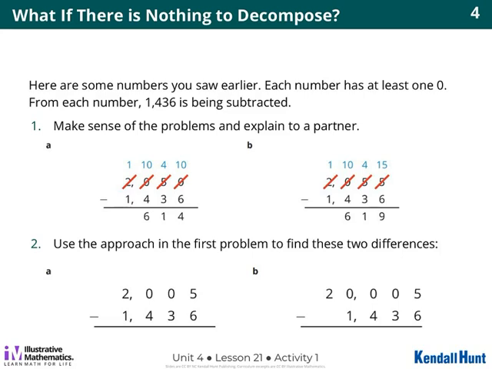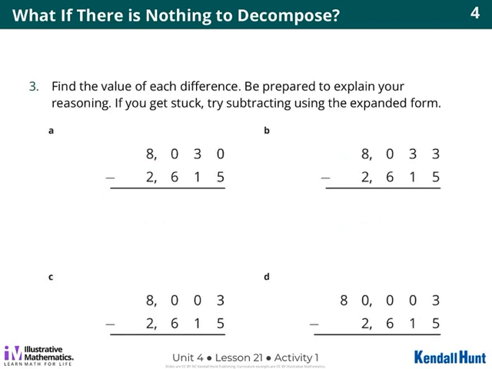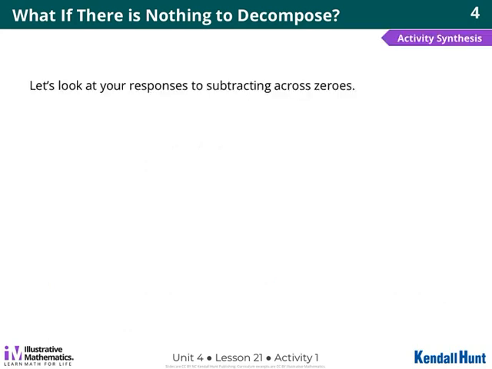Number 2 says use the approach in the first problem to find these two differences. Number 3, find the value of each difference. Be prepared to explain your reasoning. If you get stuck, try subtracting using the expanded form.